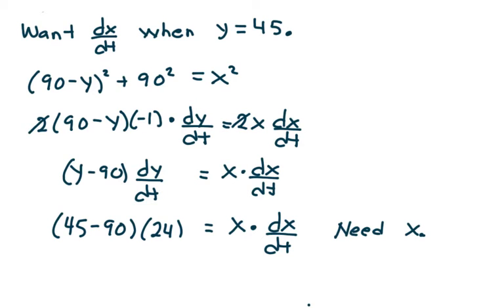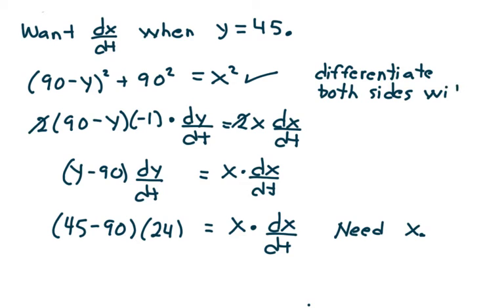Now, from the Pythagorean theorem, this is what we have. We have (90 minus y) quantity squared plus 90 squared is equal to x squared. And then what we're going to do is we differentiate both sides with respect to t.